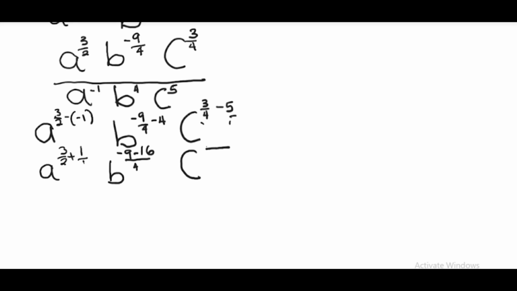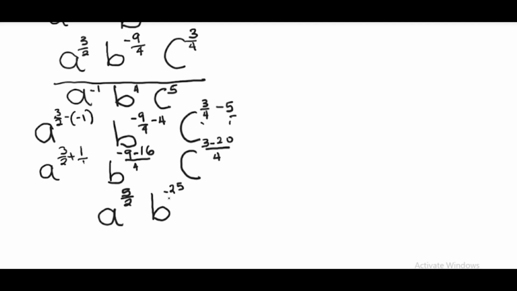Okay. So that will give us a raised to the power of 5 over 2. Don't mind my signature 5. B raised to the power of minus 25 over 4. And then 3 minus 20 will give us minus 17 over 4.